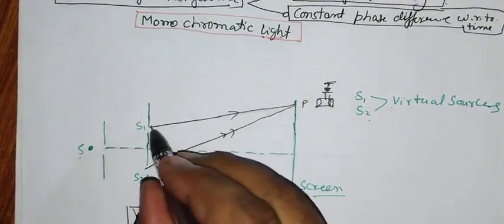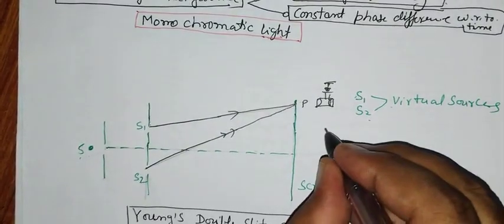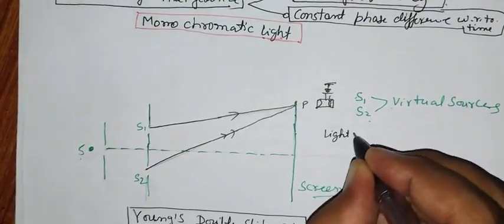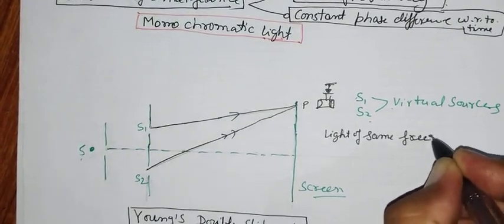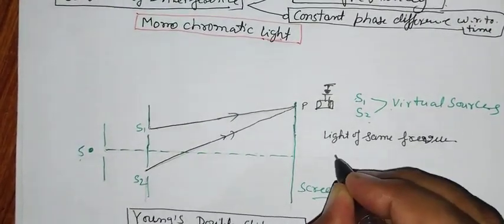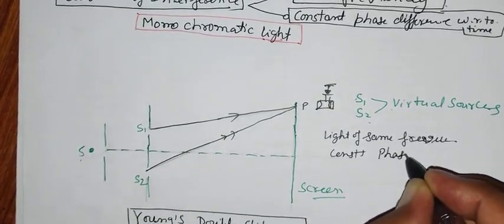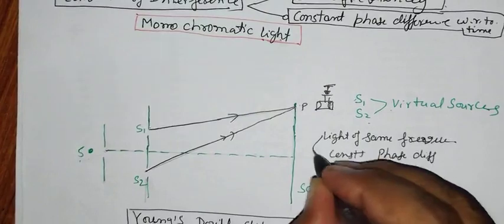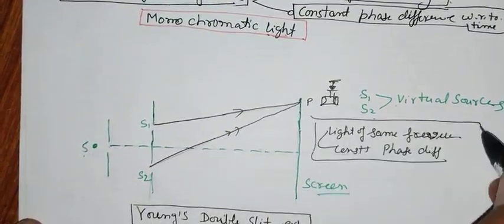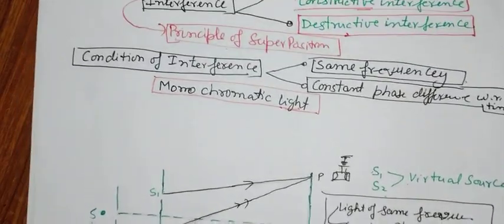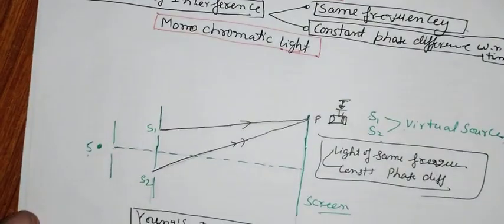Here both virtual sources emit light of the same frequency and constant phase difference, which is the condition to produce an interference pattern.